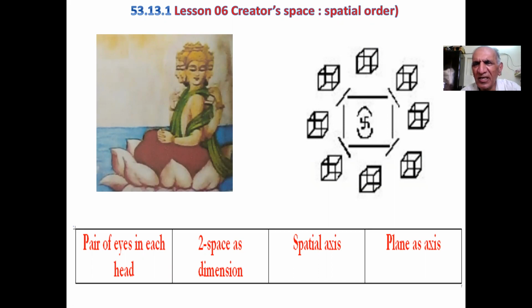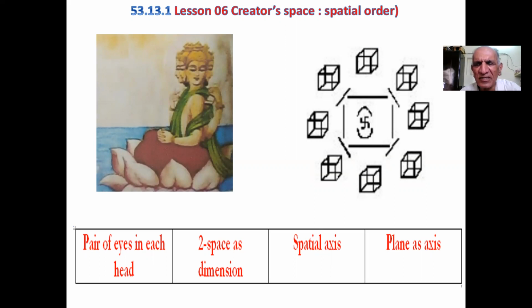Three linear axes constitute a dimensional frame of a three space. Here in four space, there are quadruple dimensions. Each dimension is a plane, is a surface, is a two space, is spatial.